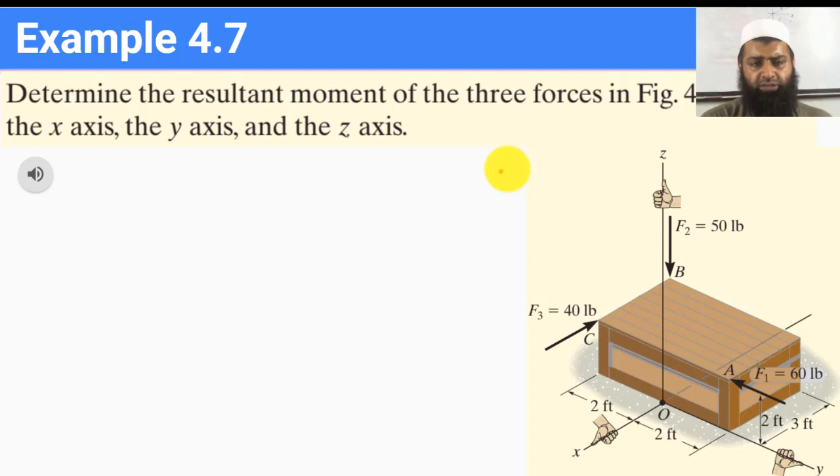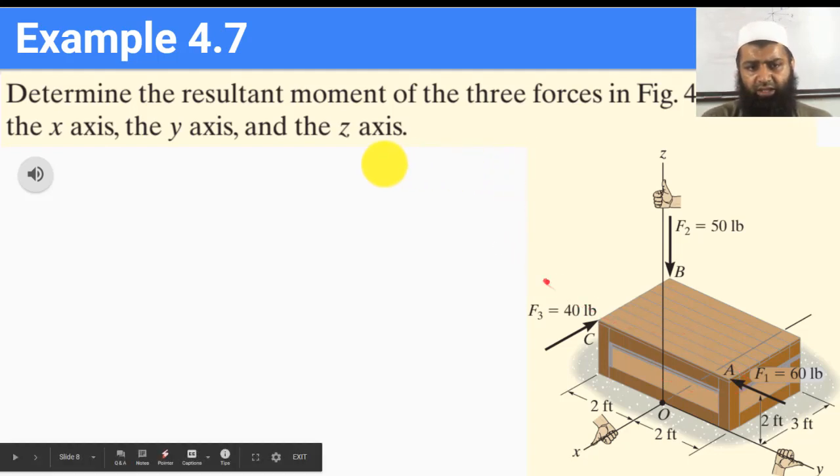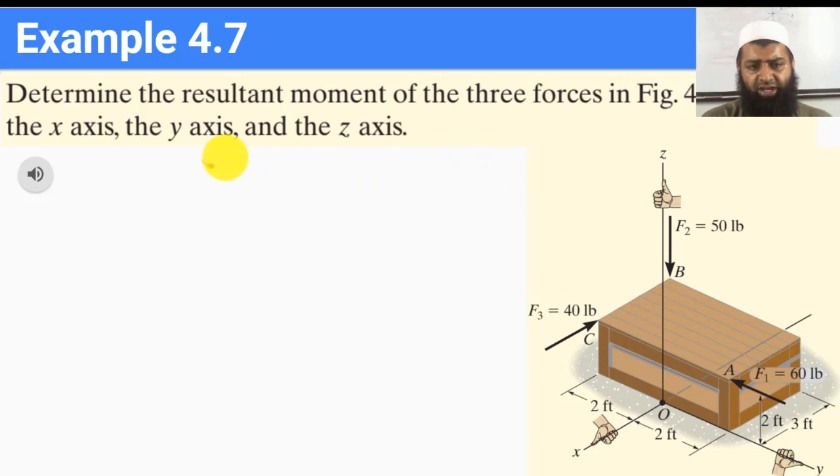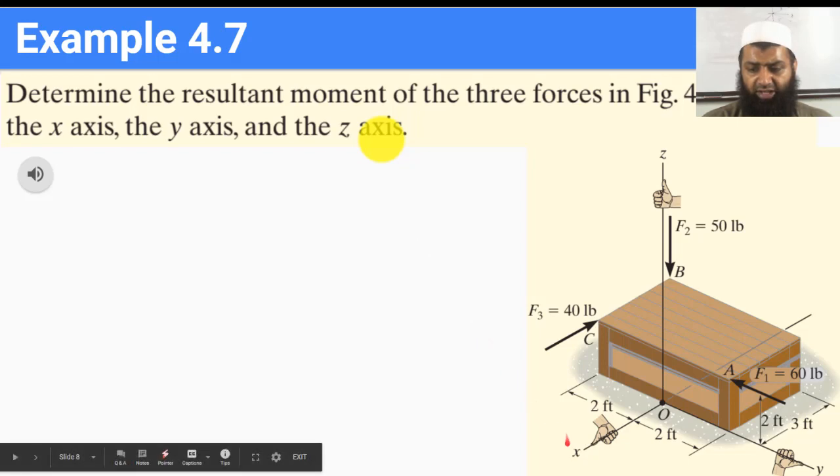So in this example, we have multiple forces acting on this block, and we want to find the resultant moment about all three axes, the x-axis, the y-axis and the z-axis. We would like to use the methods that we have studied so far to find the resultant moments. Okay, so let's start with finding the resultant moment around the x-axis.